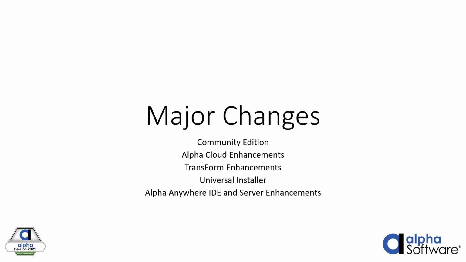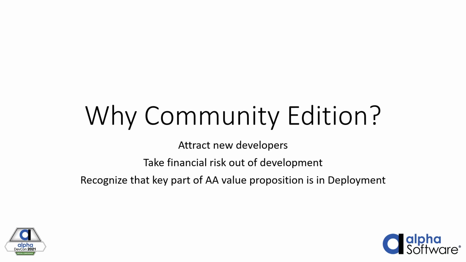And then, of course, we've continued to make enhancements to the Alpha Anywhere IDE and to the server. That is the main focus of today's presentation, because there'll be other presentations on Alpha Cloud enhancements and Transform enhancements, so I don't want to spend much time talking about those.